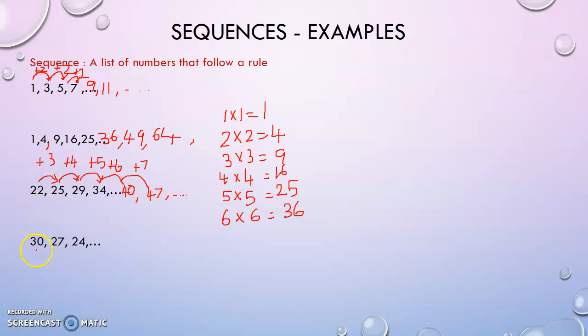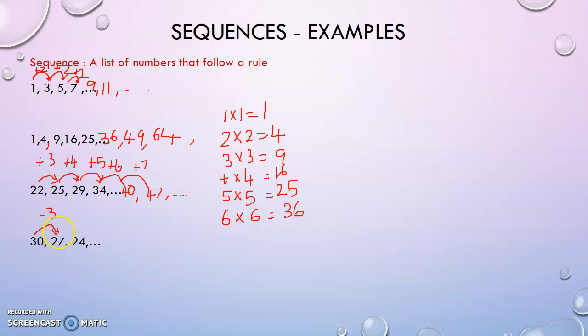Now let us look at the next list and find out whether it is a sequence. So we start with 30. The next number in the list is 27. Now 3 less than 30, we get 27.